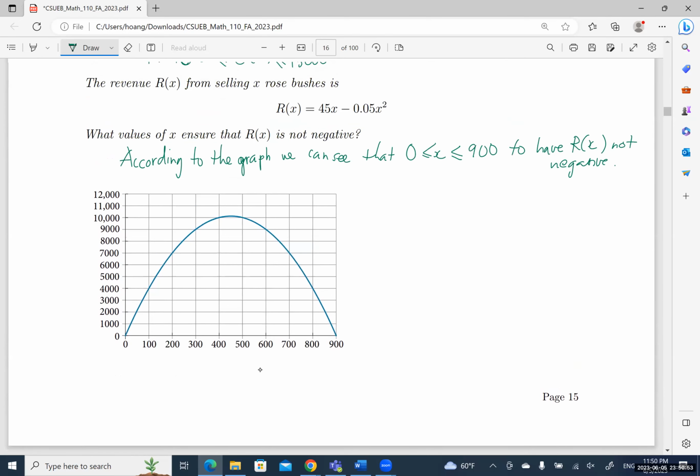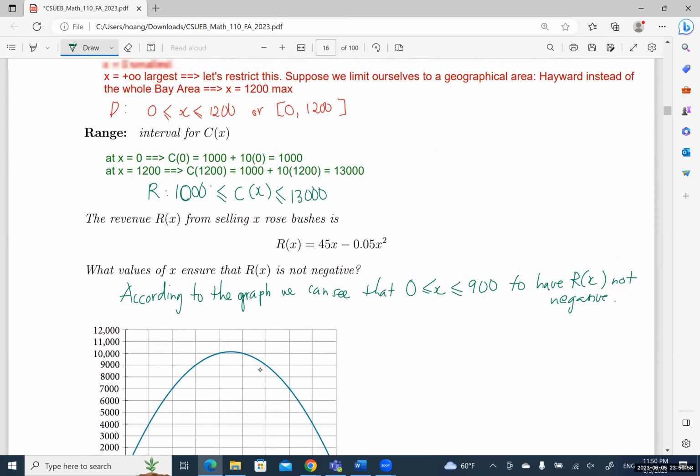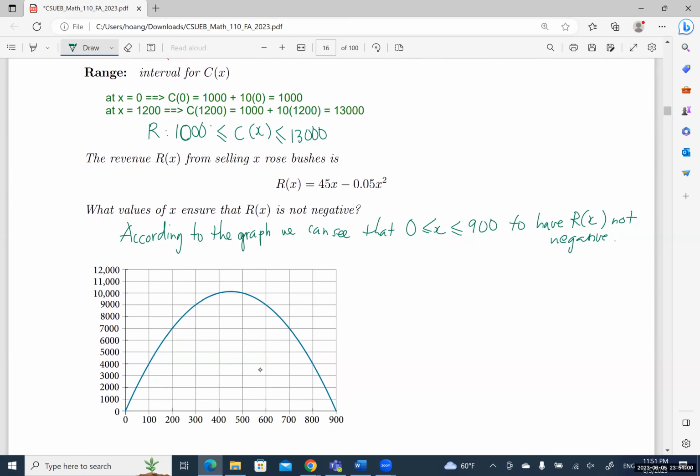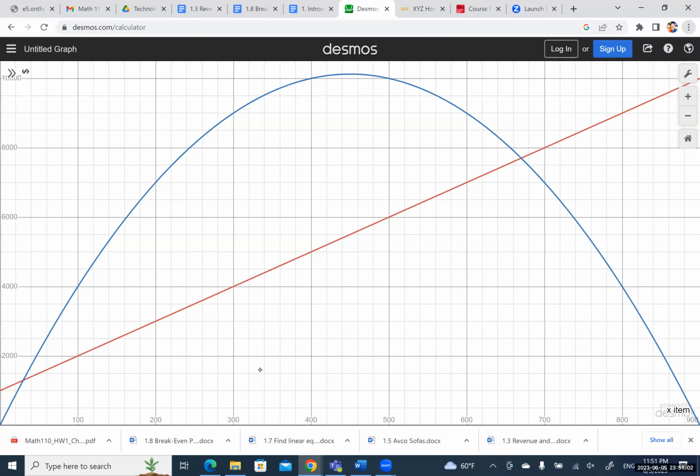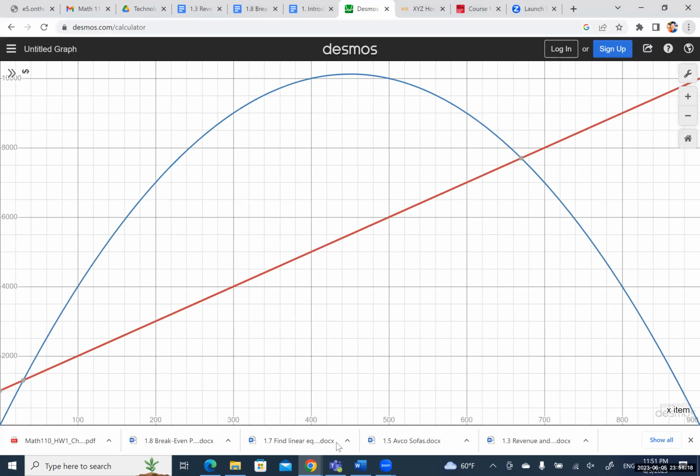And you may have to draw the graph of the cost together, right? You see the cost was 0 here, so 0 here, that's one point, and another point when it's 900, it is up to 10,000.